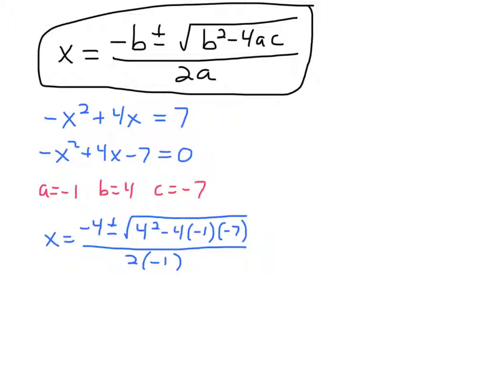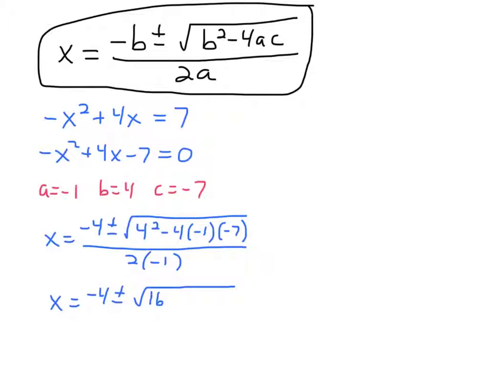So now if we simplify this down, we have negative 4 plus or minus. Now what do we have under the square root here? We have 4 squared, that's 16. And as far as the signs, we have a negative 4 times a negative 1, that's a positive 4, times a negative 7. So that's back to a negative now.